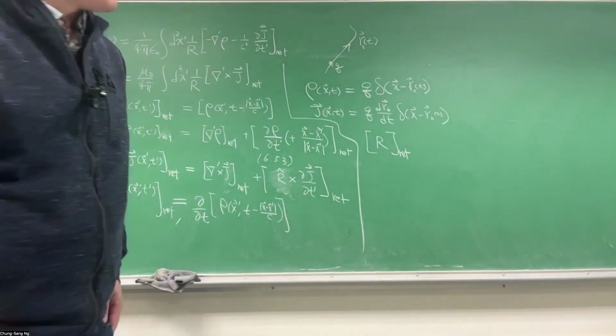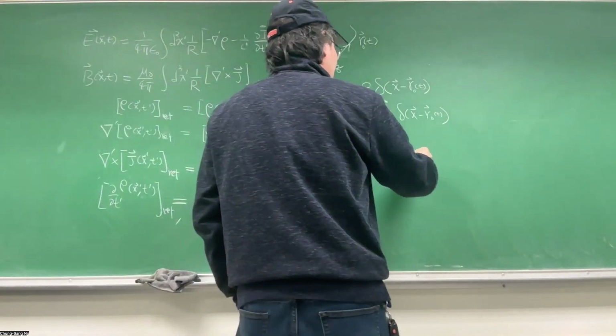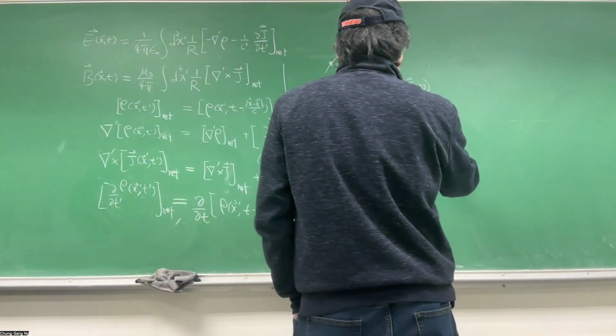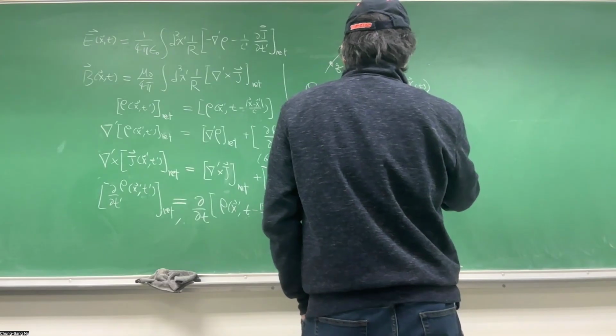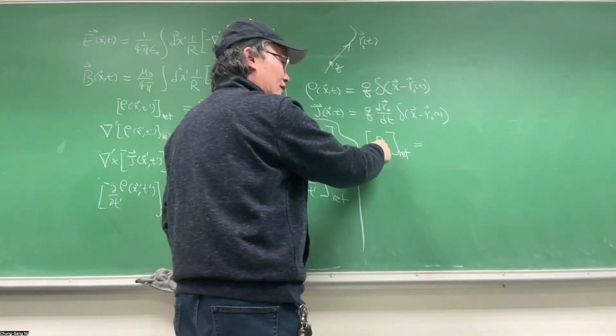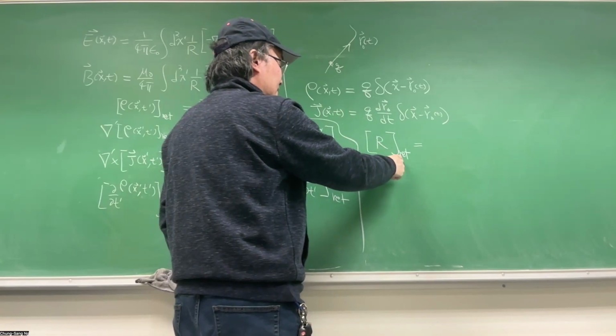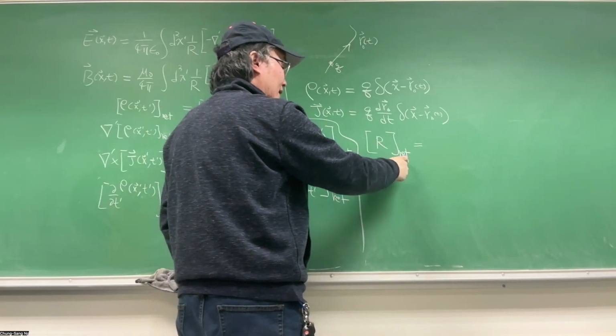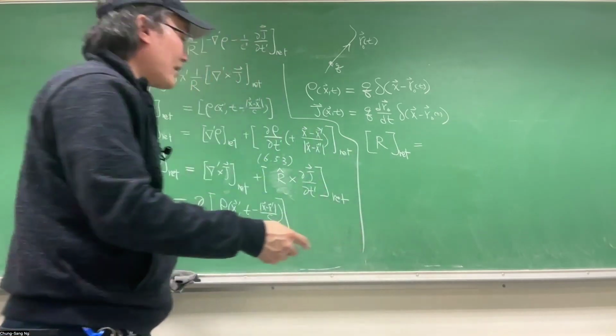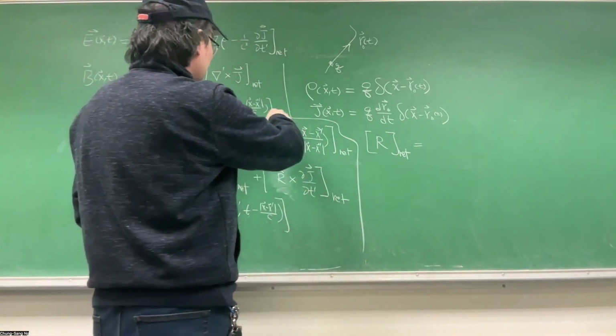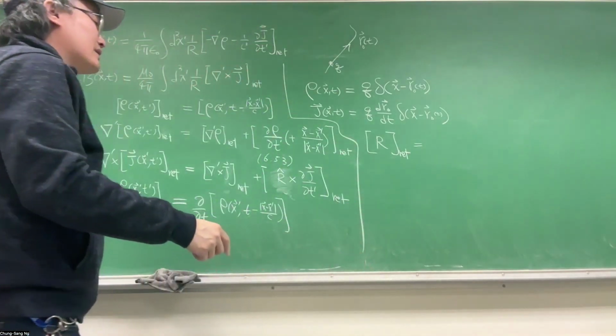The same thing applies. Originally the retarded bracket is whatever depends on x prime and t prime. Then you change t prime to t minus this capital R divided by c.